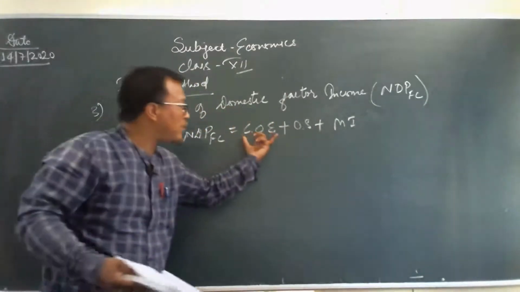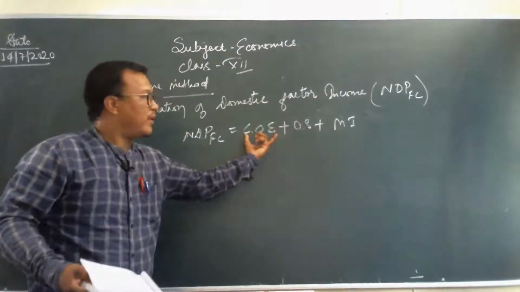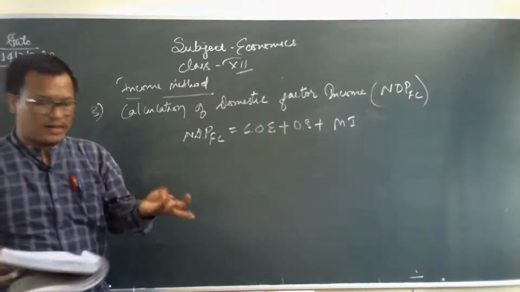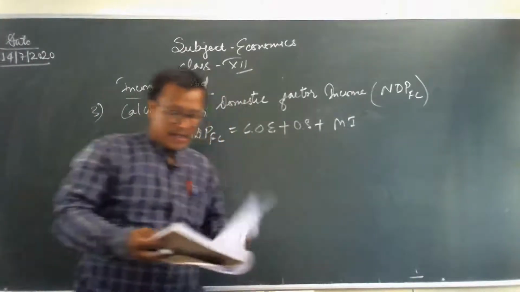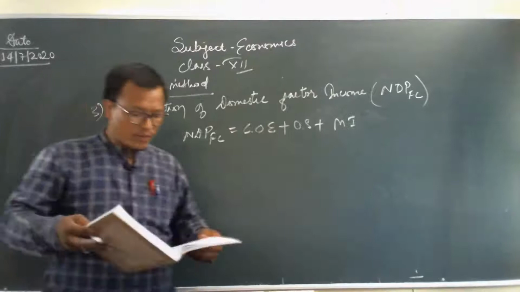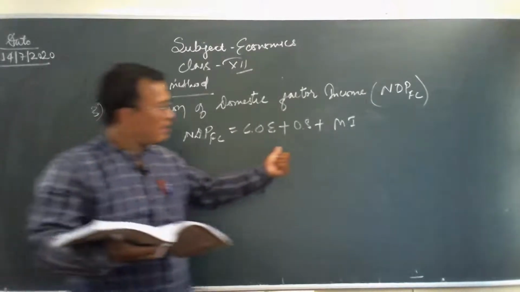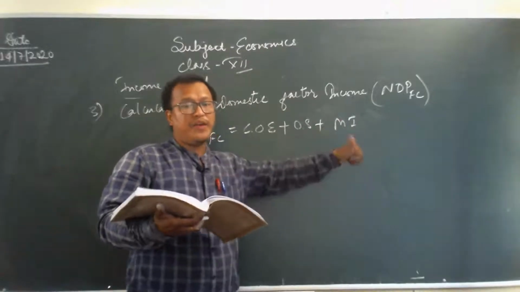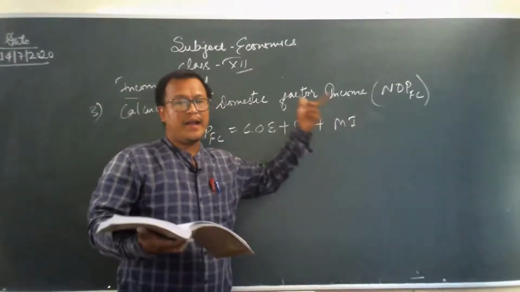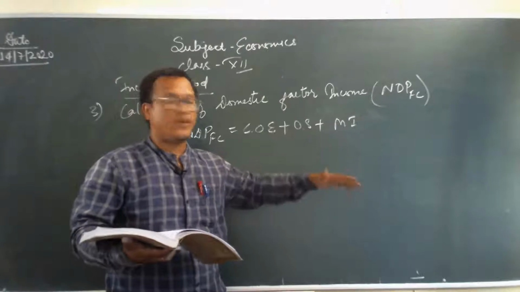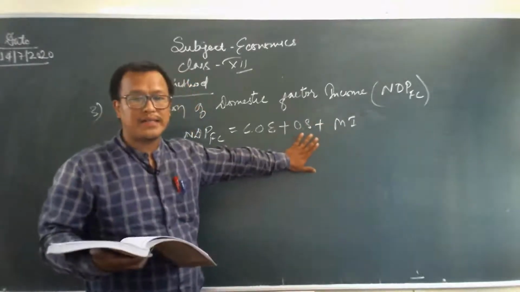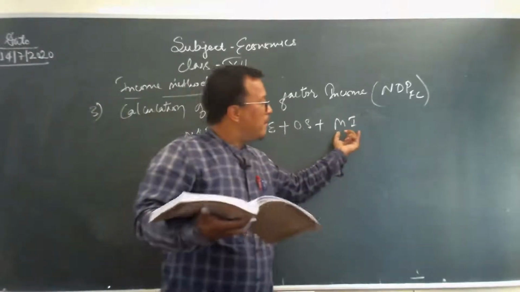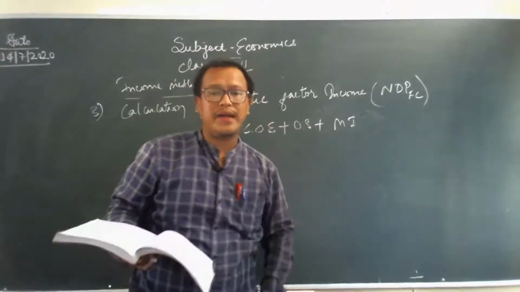After that, operating surplus. In operating surplus, all which we have discussed: rent, royalty, interest, profit. And in profit, the three types: dividends, corporate tax, and corporate savings. These will be included in operating surplus. After that, mixed income. In mixed income, the own account worker plus the unincorporated enterprises.